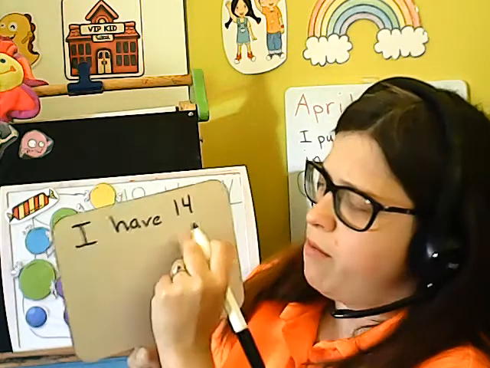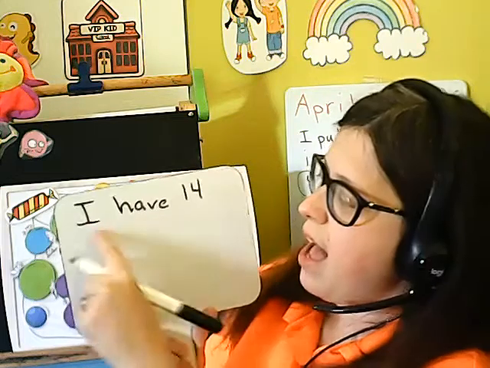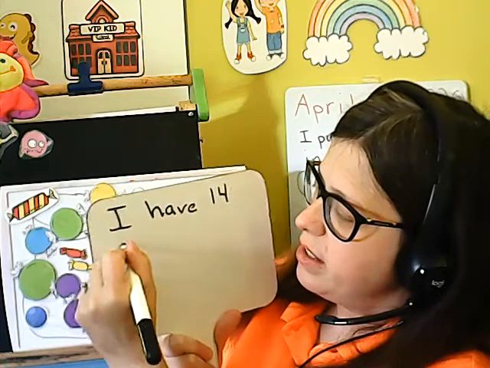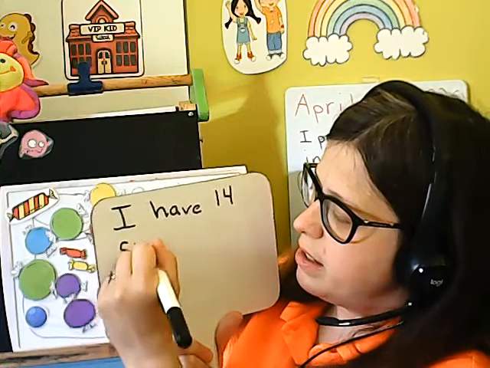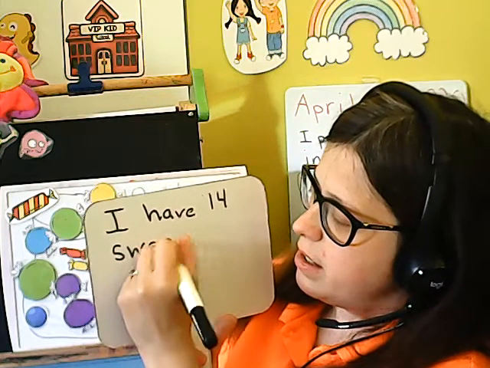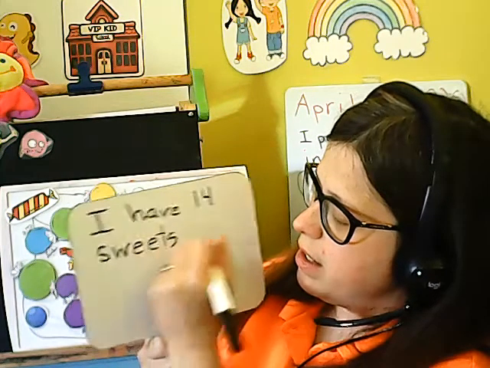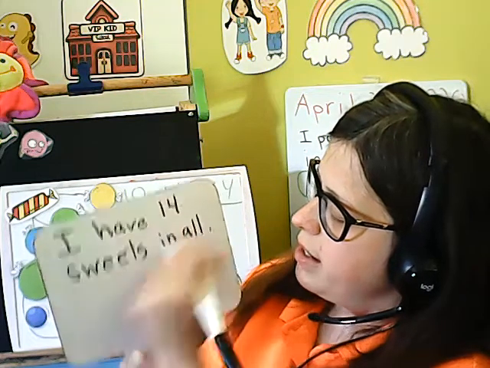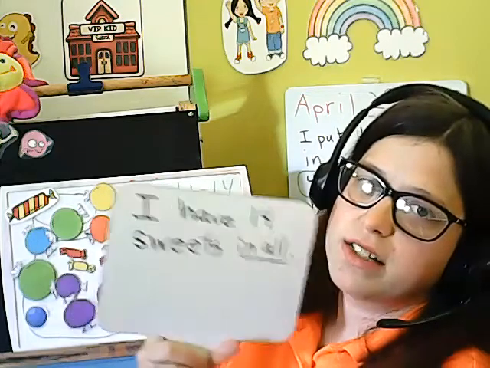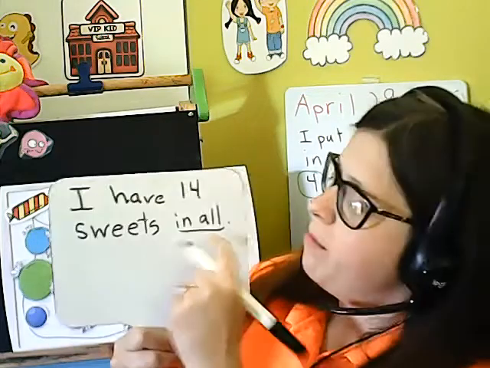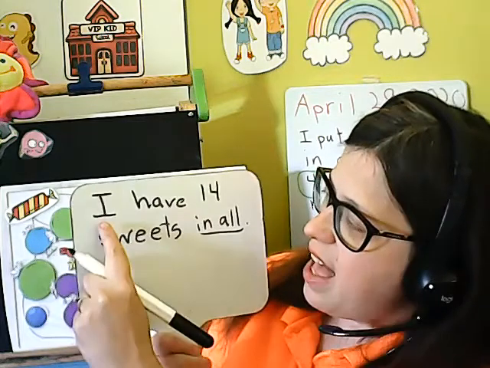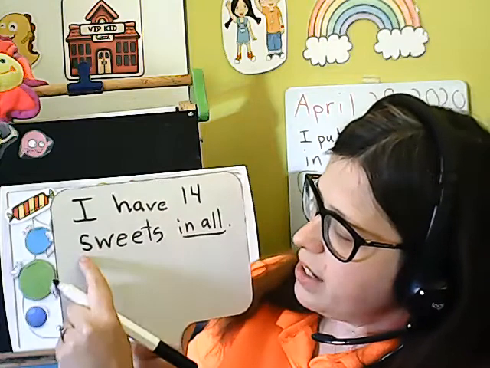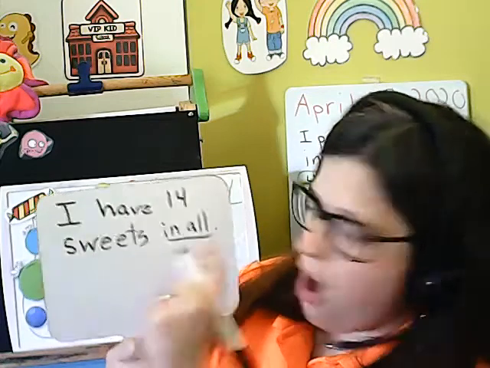You can write the word form or the number form. I have 14 sweets in all. And that's my Gus the plus word, my Gus the plus phrase. I have 14 sweets in all.